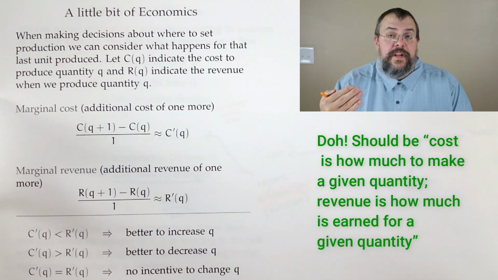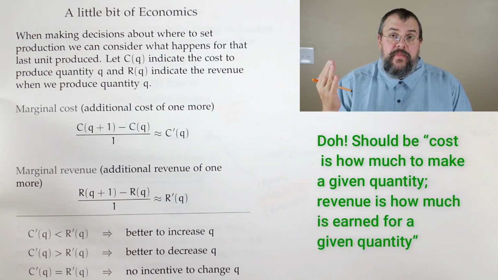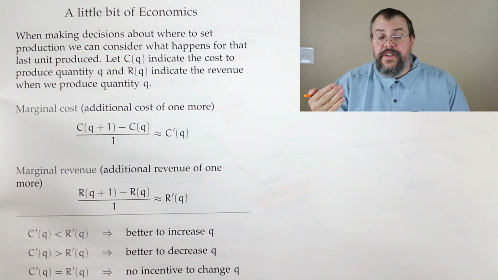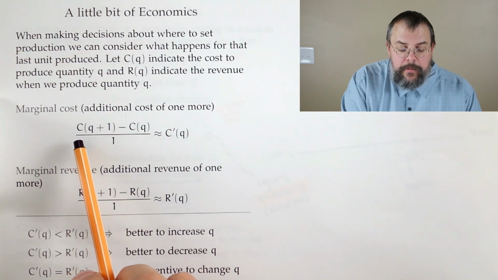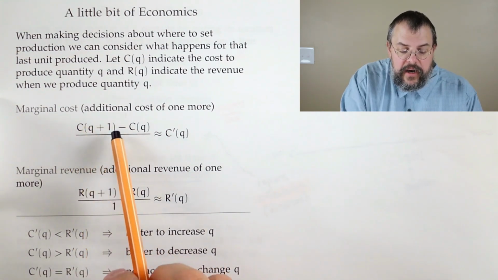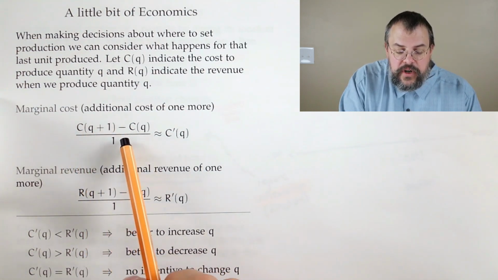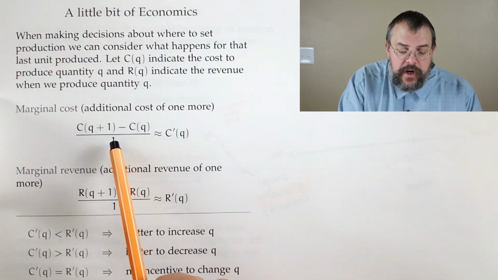Revenue is how much money I earn for making one more product. So now what's the marginal cost? The marginal cost says how much does it cost you to make the next one? So you can say, okay, take the cost of making one more, subtract the cost of just the current quantity, and divide by 1.